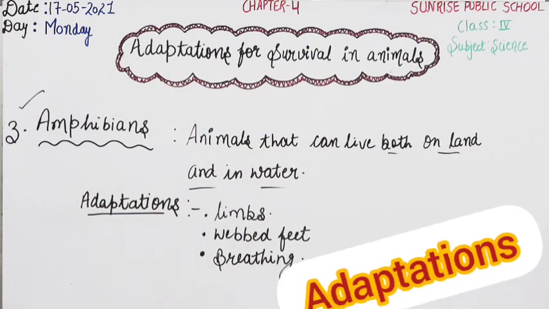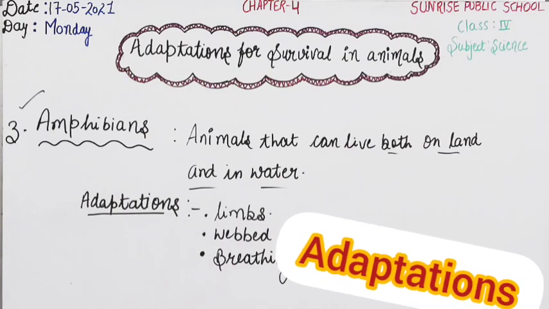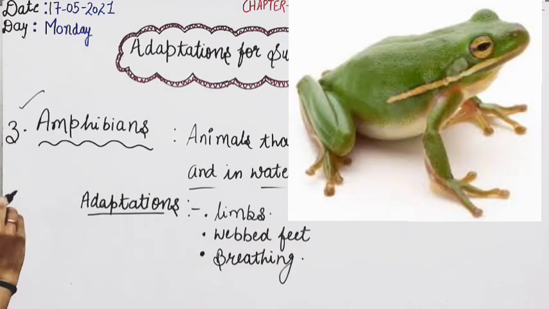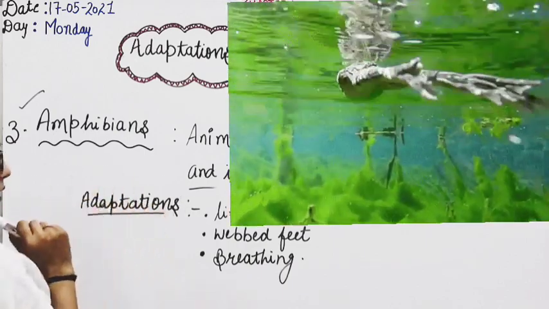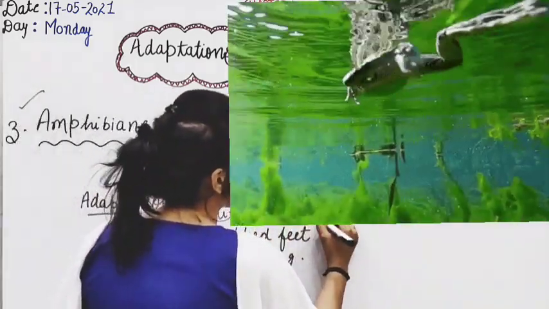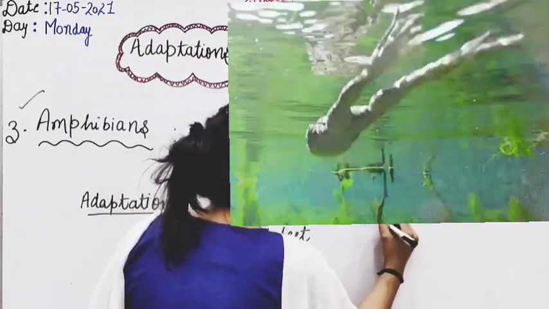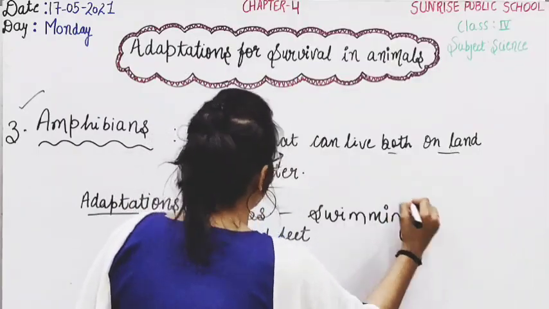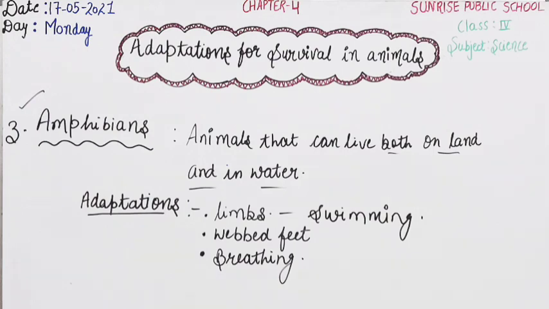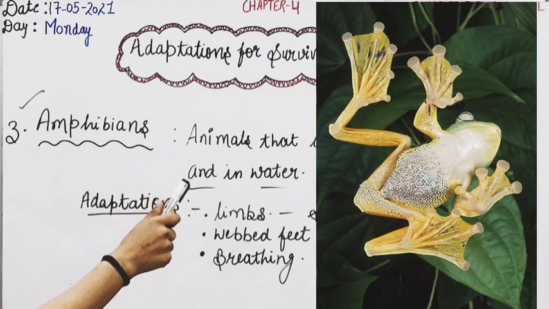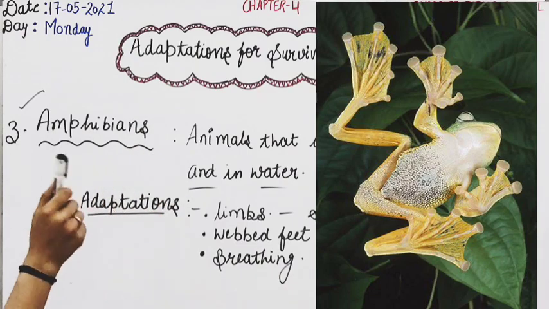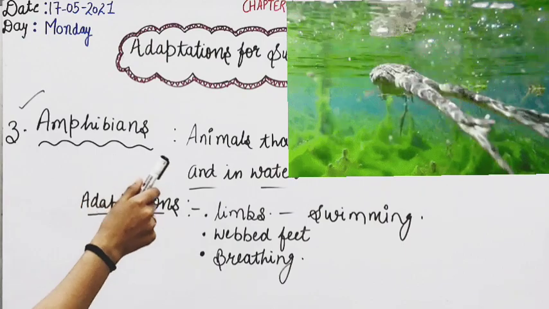They have various kinds of adaptation. First of all, they have limbs to facilitate swimming. Some of them have webbed feet. These are the webbed feet of the frog. They can swim with the help of the webbed feet and their tail.